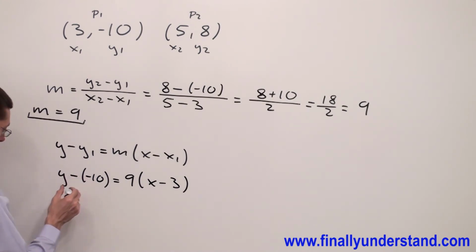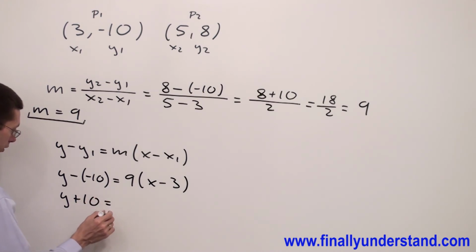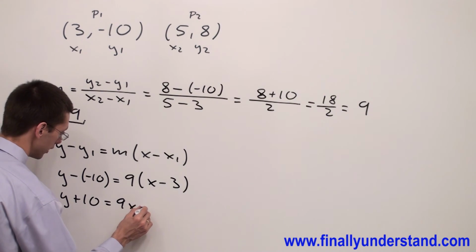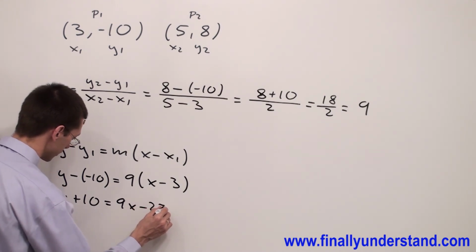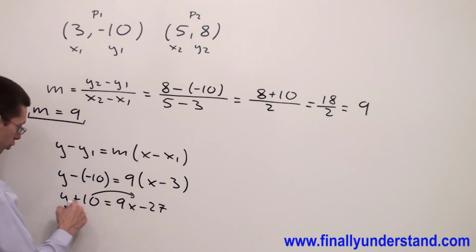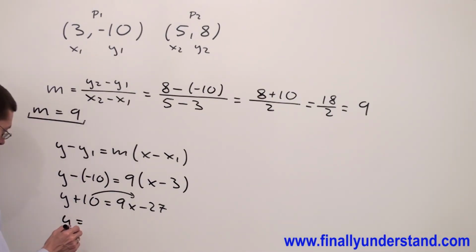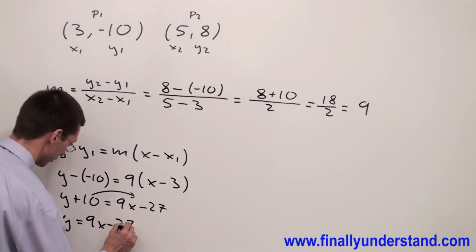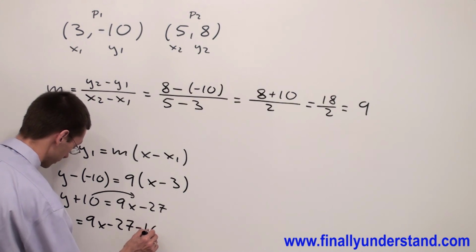Negative times negative gives me positive, so I have y plus 10 equals 9x negative 27. Next, I'm supposed to move this 10 to the right side because I have to solve this equation for y. Y is equal to 9x minus 27 minus 10.